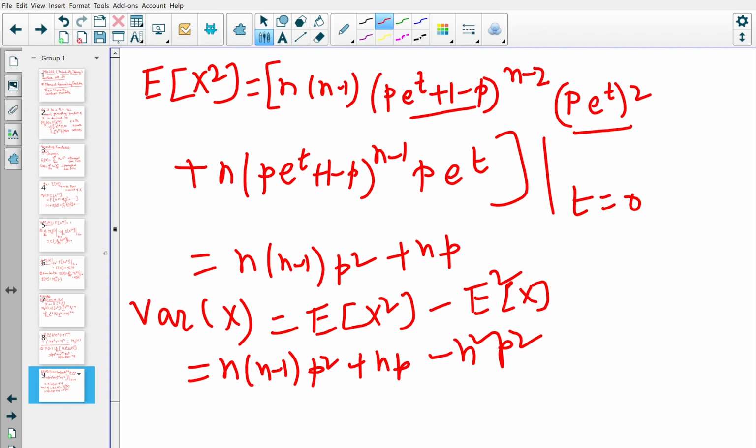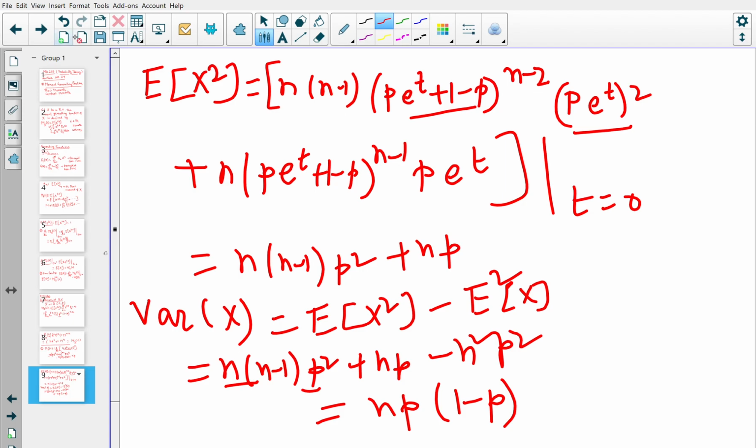Now you see that in the first term n square p square gets cancelled, and you will have exactly np into 1 minus p. And now we recall that this is exactly the variance of binomial random variables we learned. Okay, clear? So far so good.